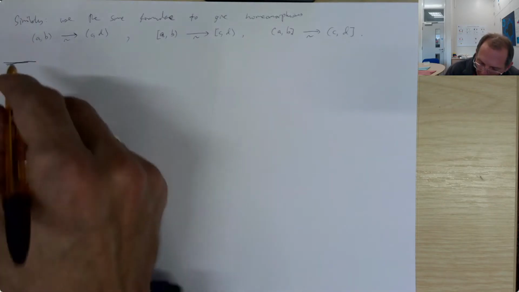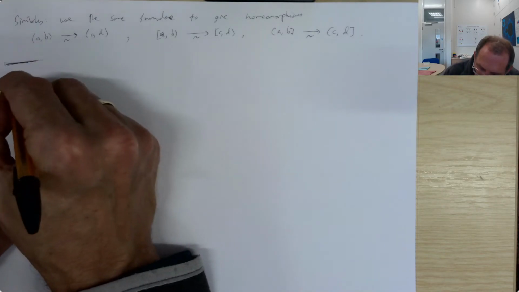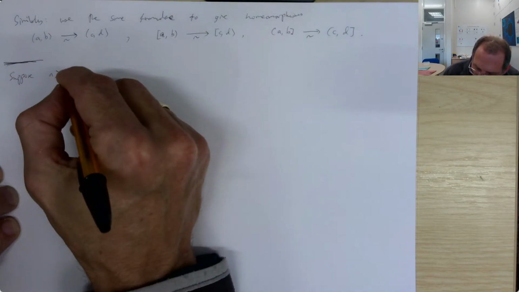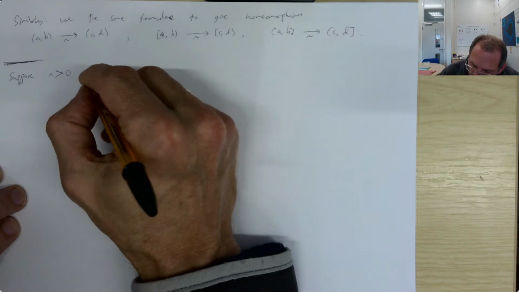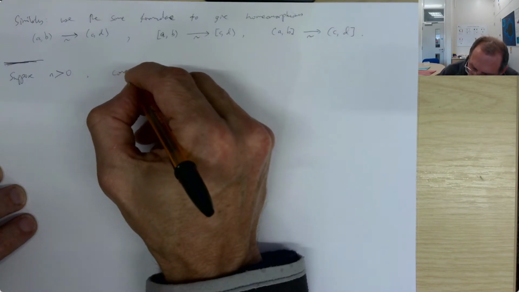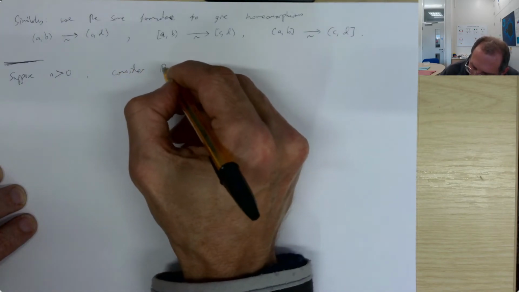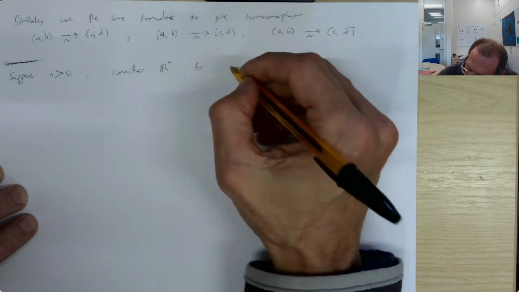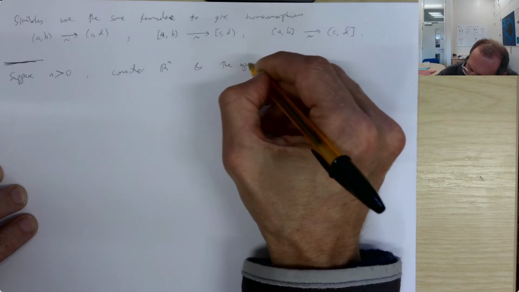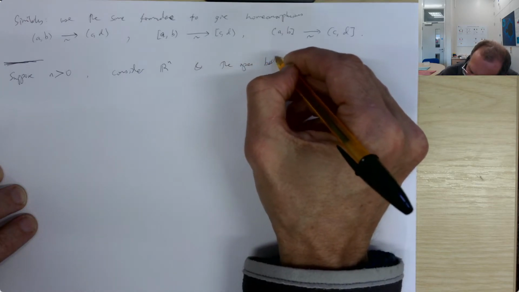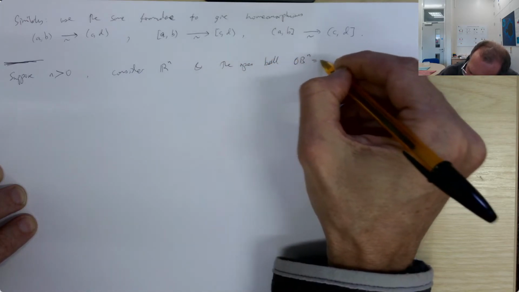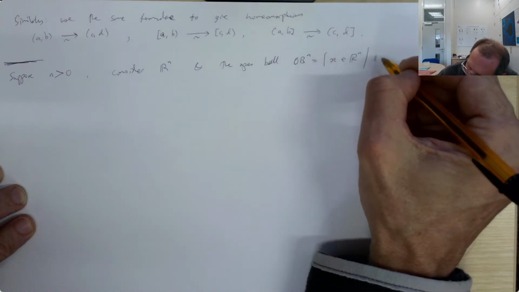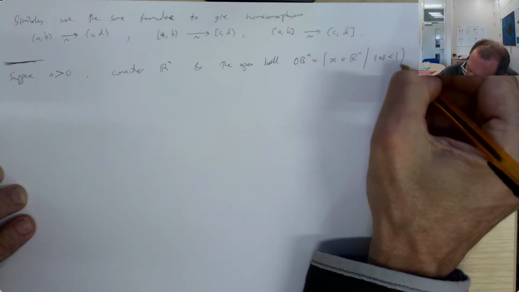So what we're going to do is consider, suppose n is, let's say, greater than 0. We're going to consider the full Euclidean space Rn and the open ball OBN, which, remember, is the set of vectors x in Rn of norm less than 1.